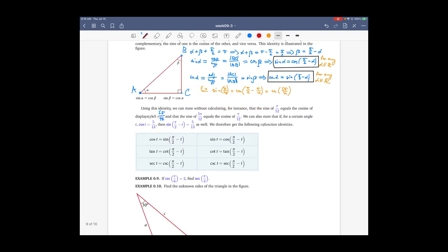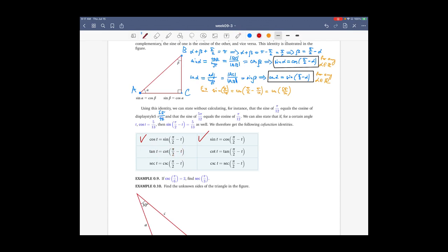So these two identities we just obtained give rise to the other four co-function identities. Why, for instance, do we have this identity for tangent, that tangent t equals cotangent of pi over 2 minus t?